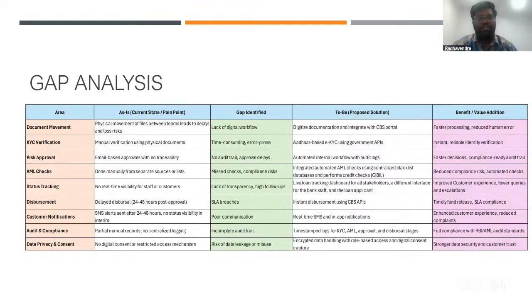So we have identified this gap, and we proposed an encrypted data handling based on digital consent, which is e-signature and e-photograph. And also all the documents can be linked via APIs from PAN and Aadhaar.